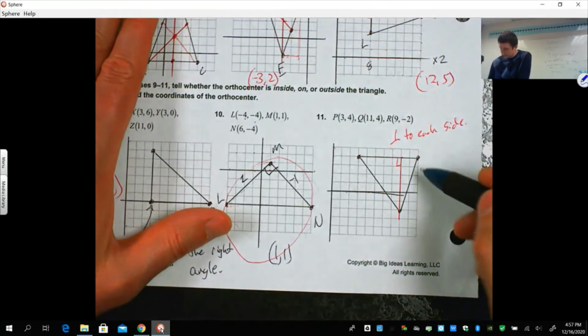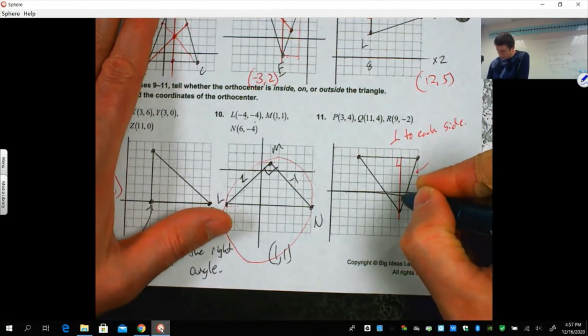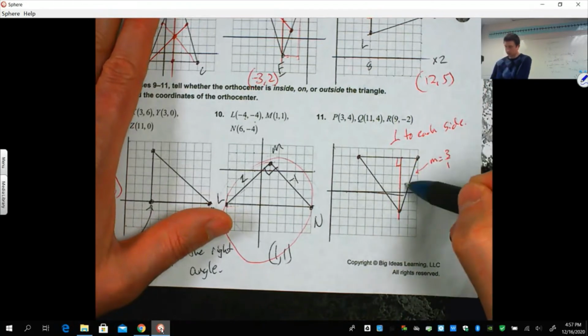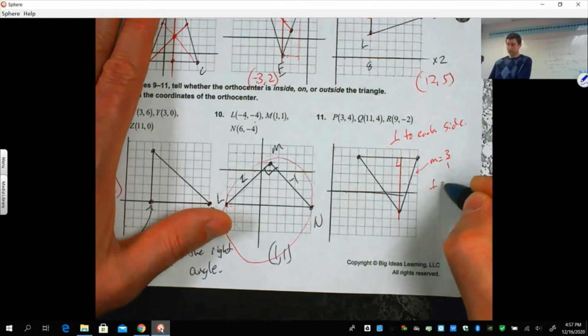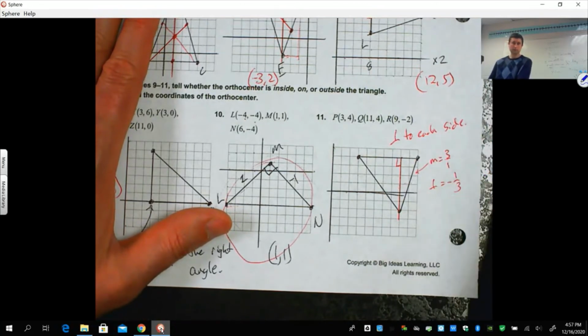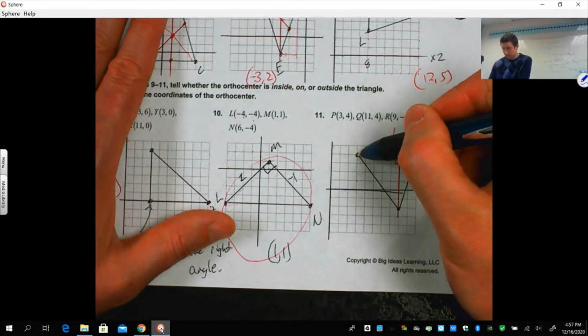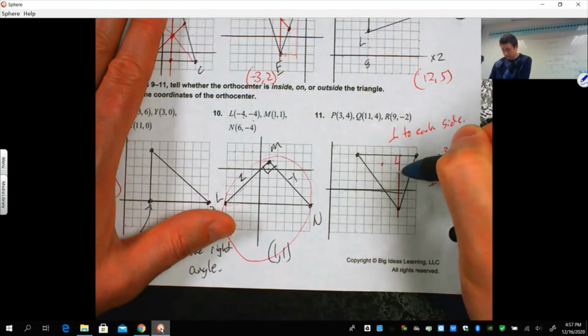So what I would do is this side right here has a slope of up 3 over 1. So m is 3 over 1. A perpendicular slope would be -1/3. So just like what we did with linear equations, I would go to this point and go down 1 over 3.